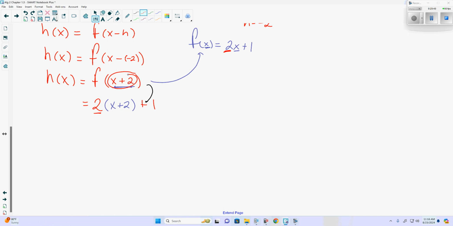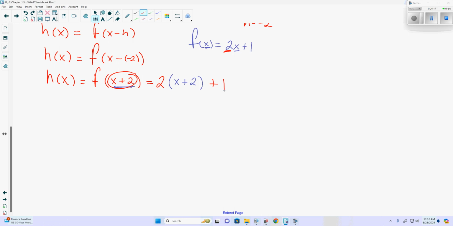Yes, we got rid of the f because, well, let me rewrite this so it might seem a little bit better. Erase all these arrows so that I can have room. Because really what we're saying with this here is that this f of x plus 2 is equal to 2 times x plus 2 plus 1.